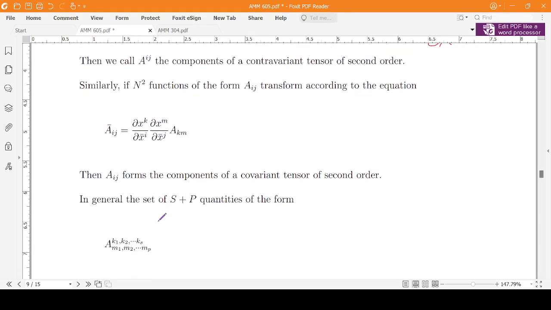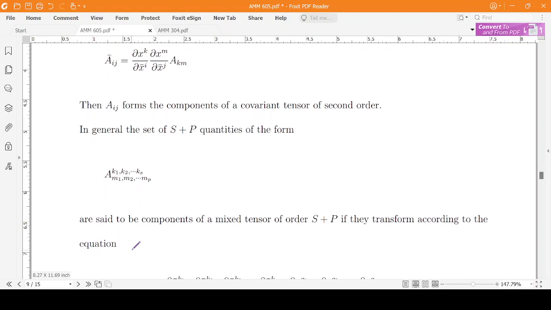So in general, if we have s plus p quantities taking the form a with s contravariant indices and p covariant indices, the contravariant indices being k1, k2, k3, all the way up to ks, and the covariant indices taking the values m1, m2, m3, all the way up to mp, so that there are p of them.